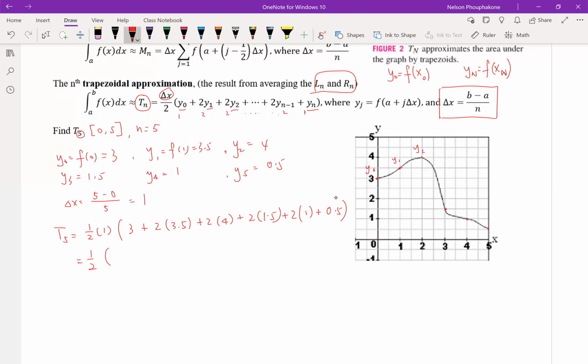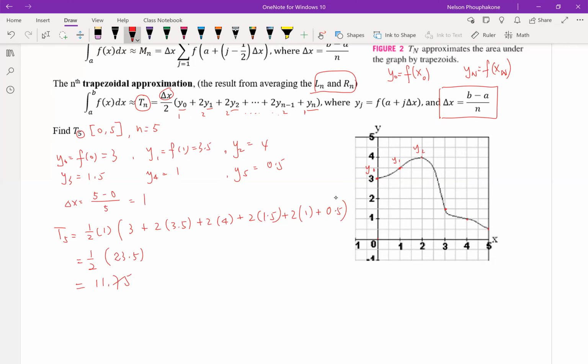If you use a calculator, we find that the sum is 23.5, divided by 2 gives us 11.75. So in this case, the area is approximately equal to 11.75.